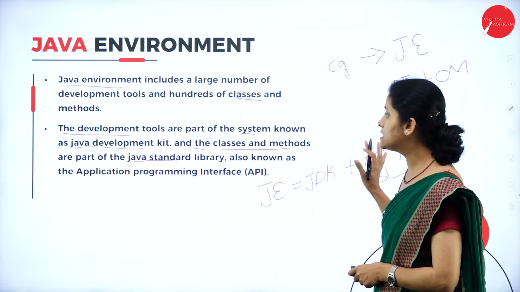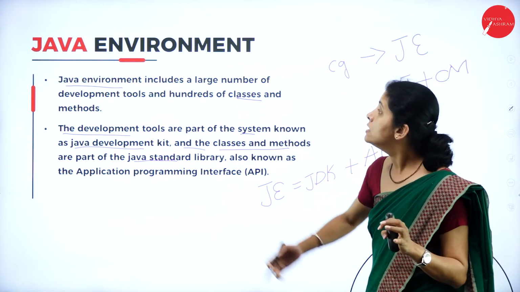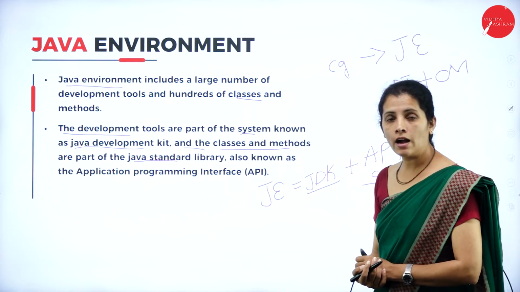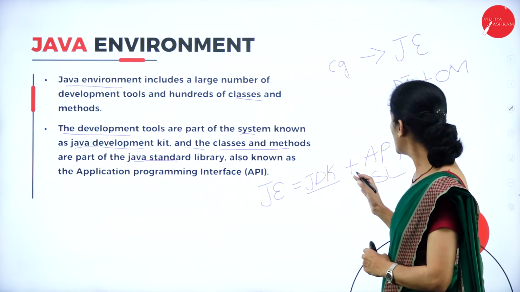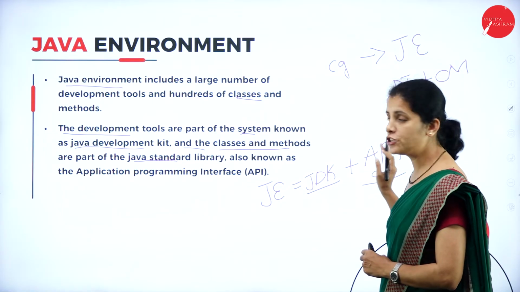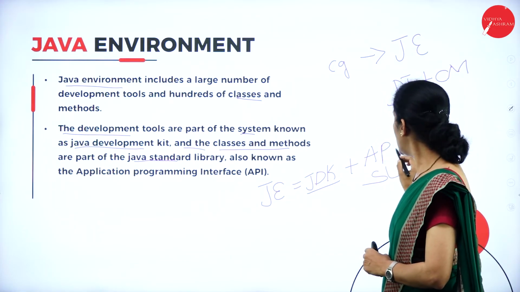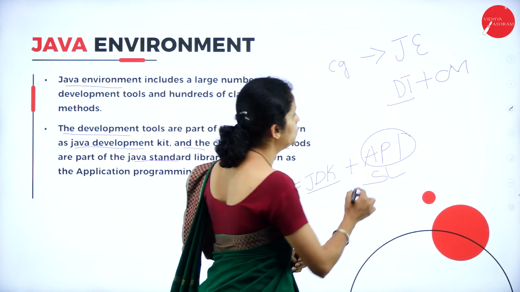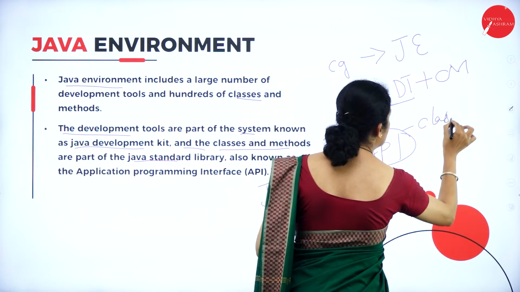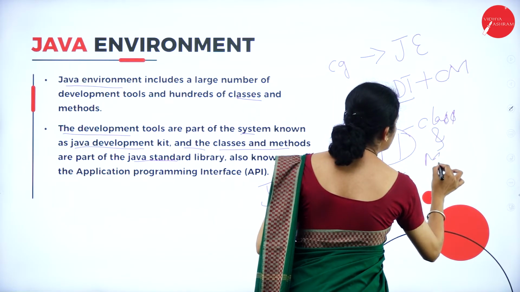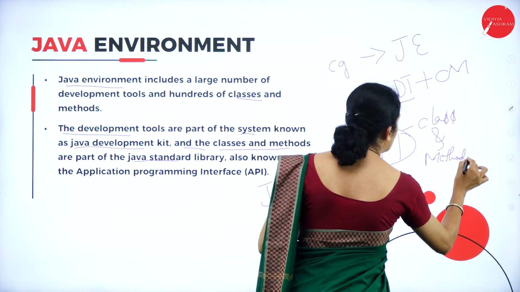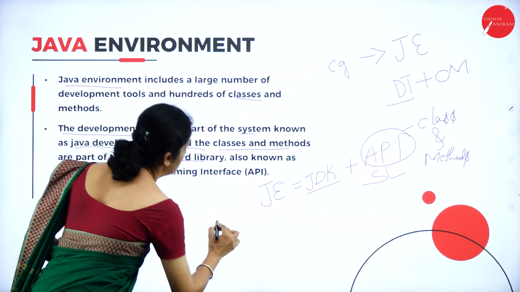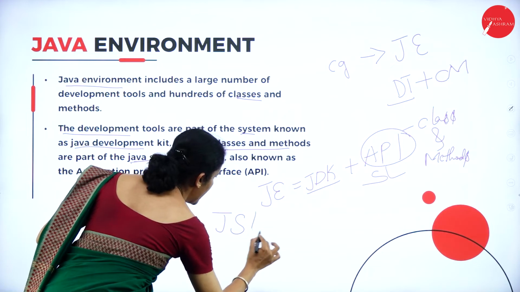Dear student, the Java environment is nothing but the JDK along with the API, that is the Application Program Interface. The Application Program Interface includes classes and methods, and it is also known as the Java Standard Library, that is JSL.